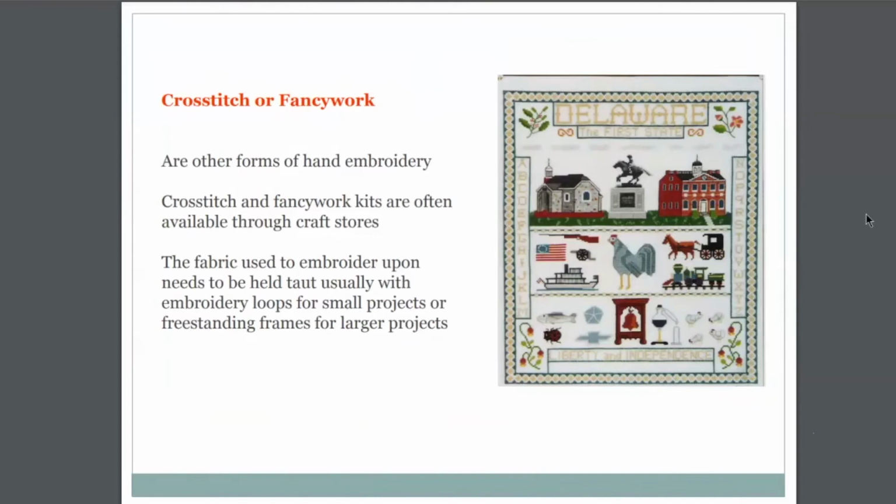The fabric used to embroider upon needs to be held tight. That's where you see, if you go to the craft store, the stitching rings, like the circle rings or the square rings, so it holds it very taut and tight. And then all these X stitches are placed in to create the design.